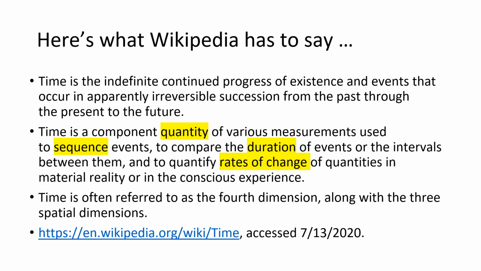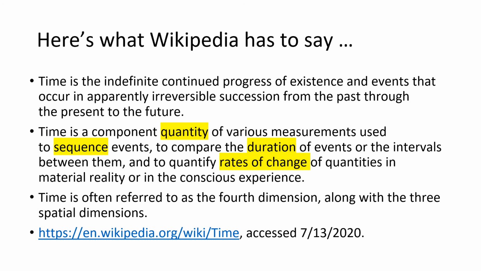If you look up a definition of time, you may find something like this. This is what Wikipedia has to say. Time is the indefinite continued progress of existence and events that occur in apparently irreversible succession from the past through the present to the future.